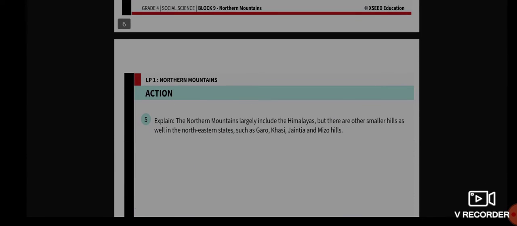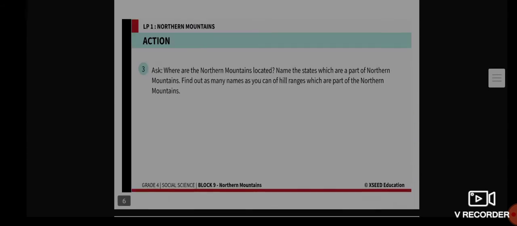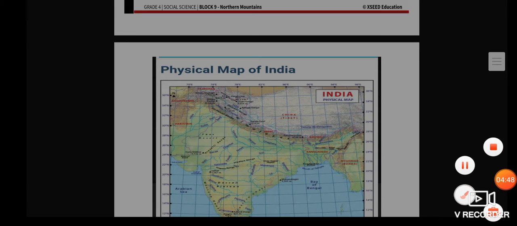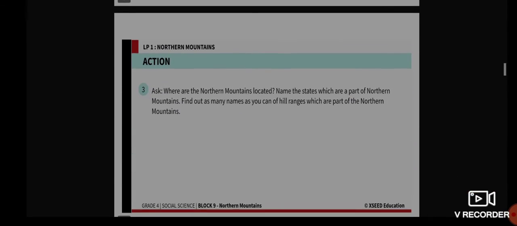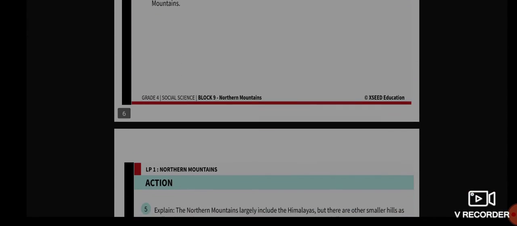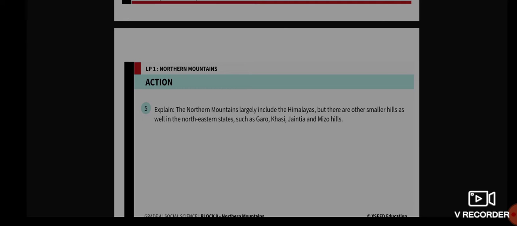The northern mountains largely include the Himalayas, as I've shown you in this portion. Not only that, there are also other, smaller hills in the northeastern states, such as Garo Hills, Khasi Hills, Jaintia Hills, Mizo Hills, and Naga Hills.